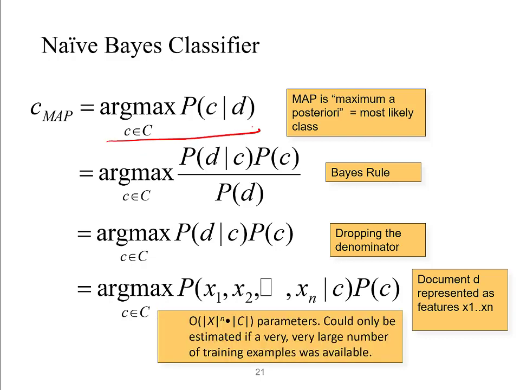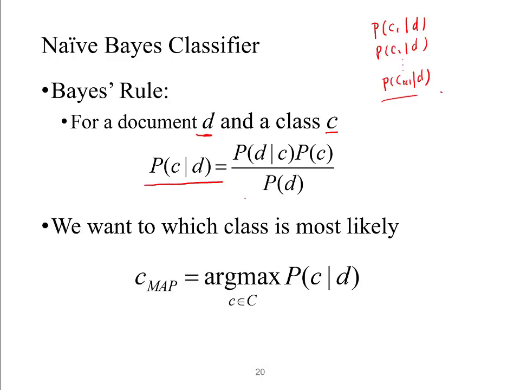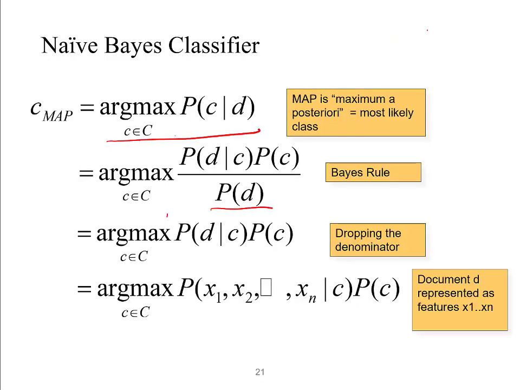And according to the Bayes rule, this one equals this, and we can drop the denominator because it is always the probability of D. For different C the D is always the same, so D can be dropped.